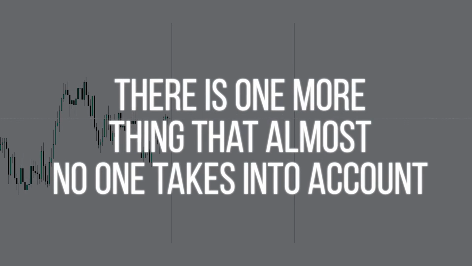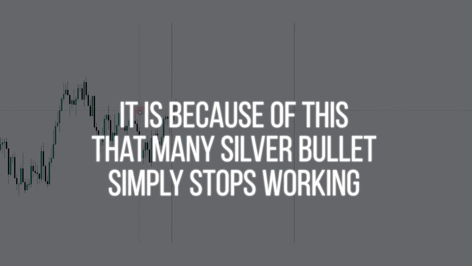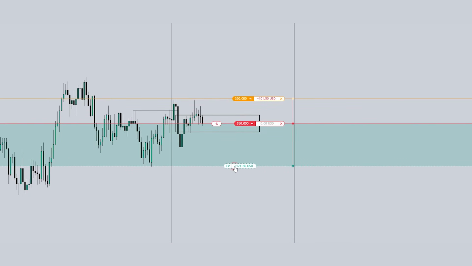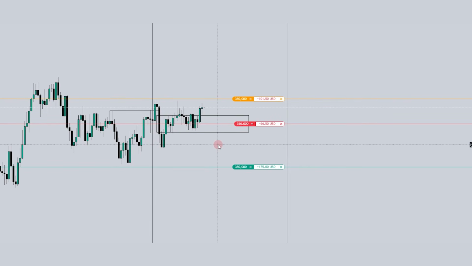There is one more thing that almost no one takes into account, and it is precisely because of this that Silver Bullet simply stops working for many people. You've noted everything correctly: liquidity, entry, FVG. But on some days, the model doesn't work at all. The price behaves strangely, there is no entry or you enter, and the market seems to be lagging. In fact, you simply entered at the wrong time.